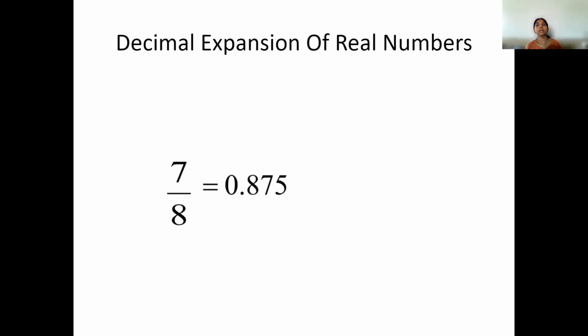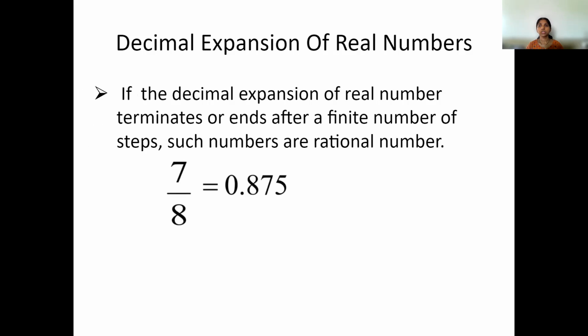So now we will be learning the decimal expansion of real numbers. If a given real number is in decimal form, how will you know whether the given number is a rational number or an irrational number? That we will be learning. Just a glimpse on that. If the decimal expansion of a real number is terminating, what is meant by terminating?